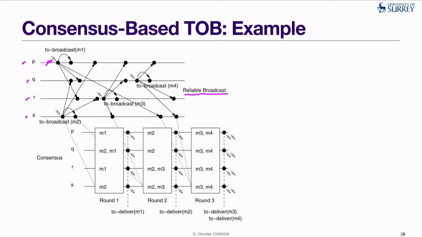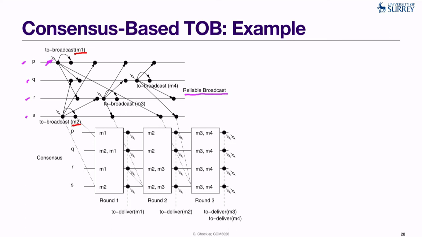The processes start off and execute, and then at some point some broadcast requests happen. P is requested to TO broadcast message M1, and S is requested to total order broadcast message M2.